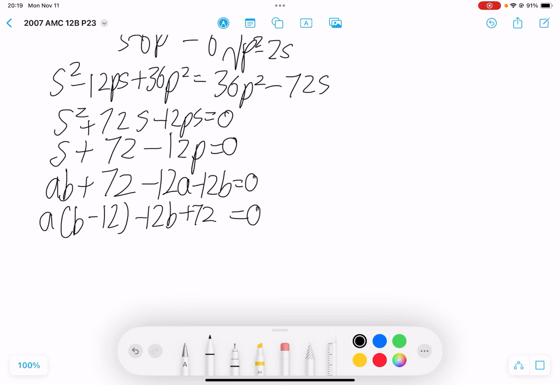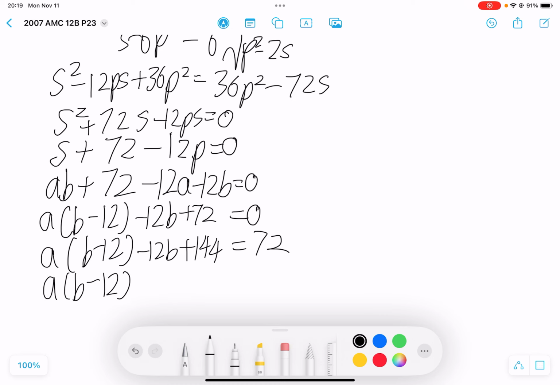And then you want to factor a number out of here so that it's something times b minus 12. So this means we want to add 72 to both sides, and then you can have a times b minus 12 minus, if you factor out negative 12, you have b minus 12 right there.